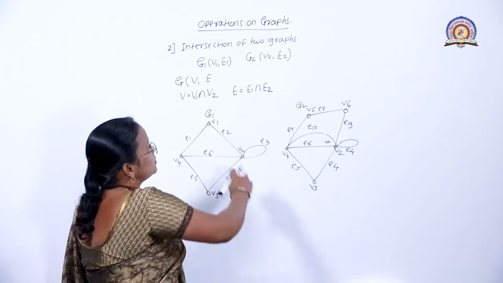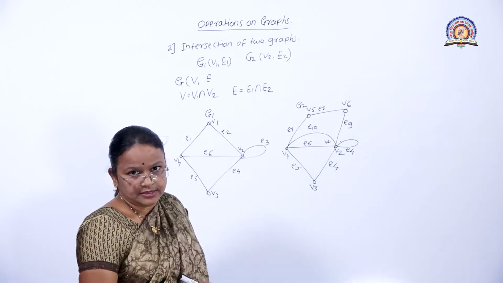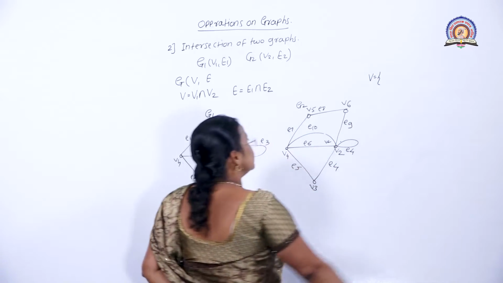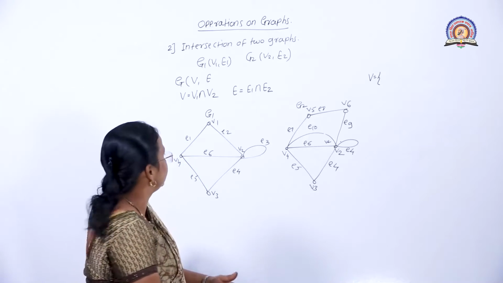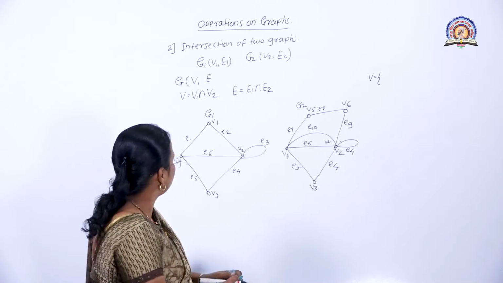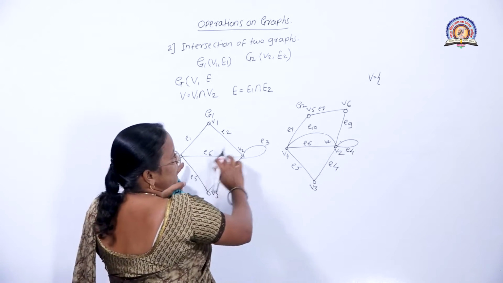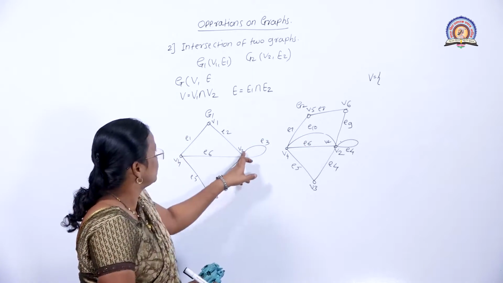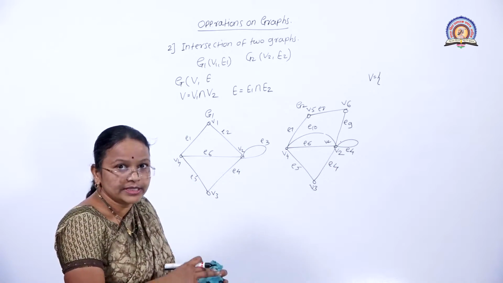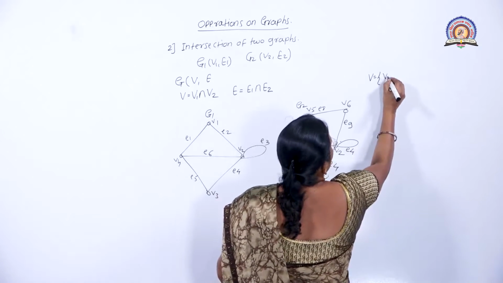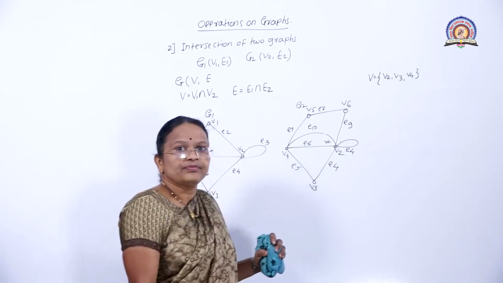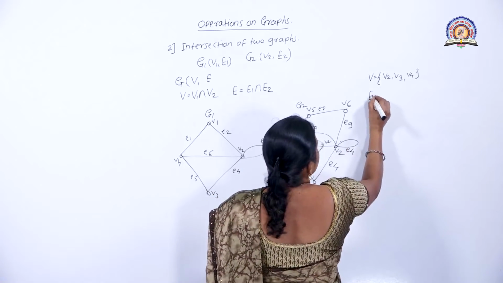Now we have to take the intersection of these two graphs. The intersection is a graph whose vertex set V is the set of those vertices which are present in both V1 and V2. The common vertices here are V2, V3 and V4, so there are only three common vertices. Now we find the common edges.